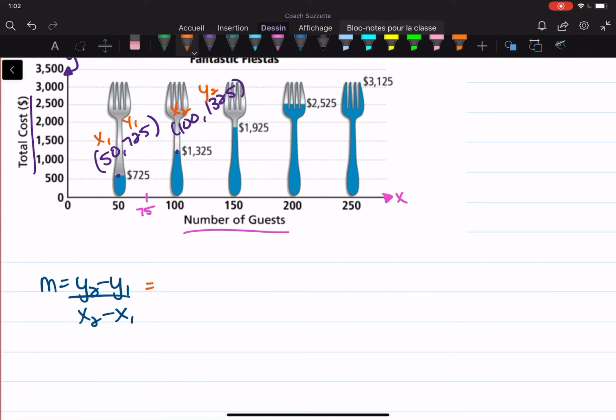So I would have 1325 minus 725 divided by 100 minus 50. So 1325 minus 725 is 600 divided by 50, which gives us 12. 12 in the context of this problem means the cost per guest for their meal.